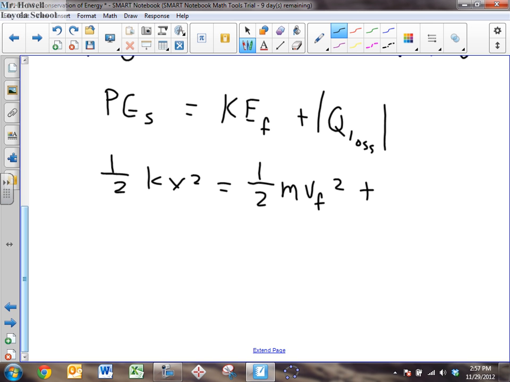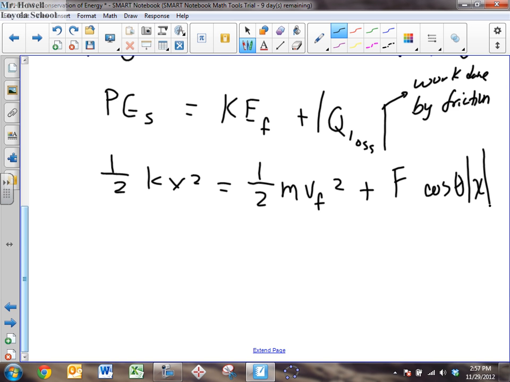Now, if I wanted to know how much work is done by friction, remember the work done, or the amount of energy lost, is always F cosine theta, absolute value of x. Okay, that was from section 5.1. Remember, this Q loss really means the work done by friction.